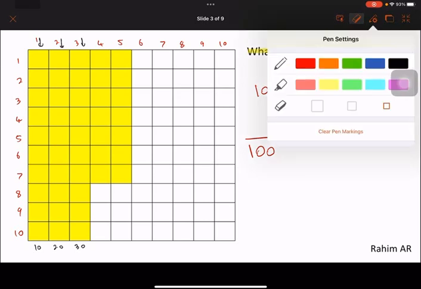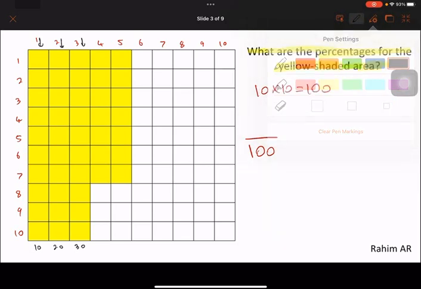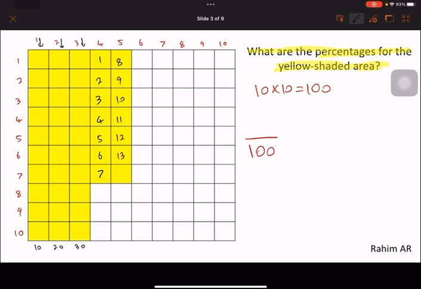Next, we have the first 3 columns. Now we count the next area here: 1, 2, 3, 4, 5, 6, 7, 8, 9, 10, 11, 12, 13, 14.